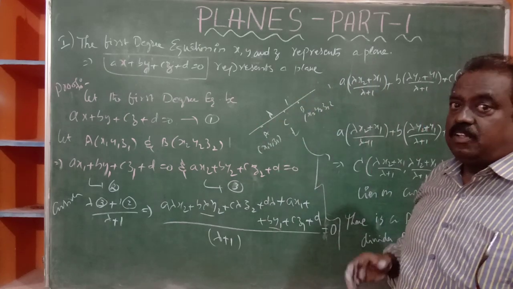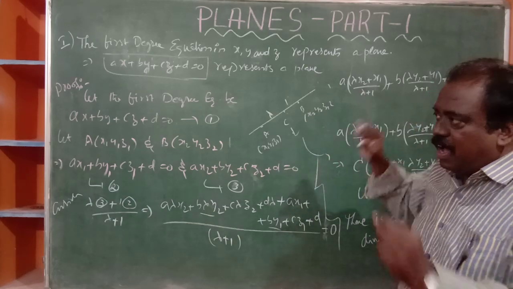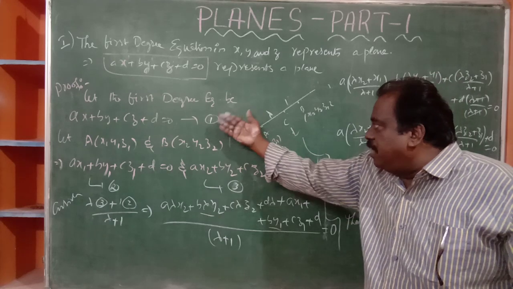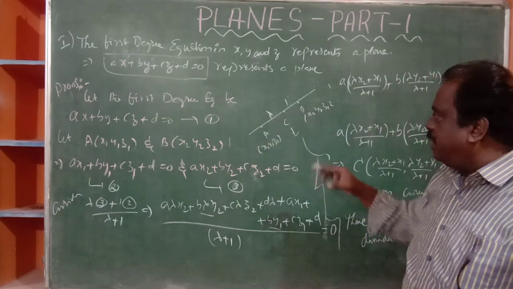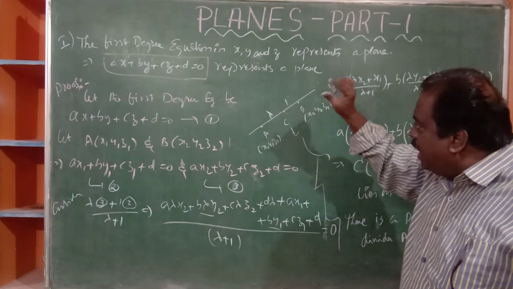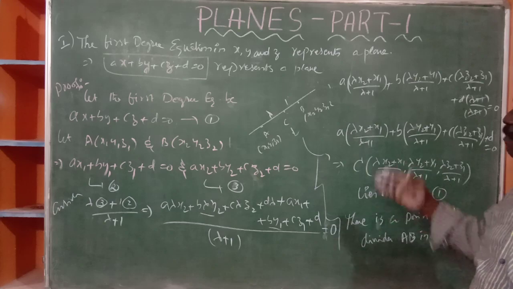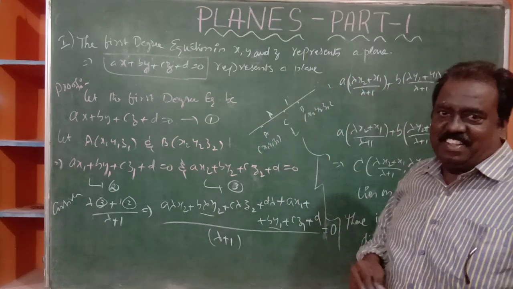Please try to understand. If A and B are 2 points on that locus, on that geometrical diagram, then on that line automatically a C point is there. For different values of lambda, it covers the line. So a line is there.